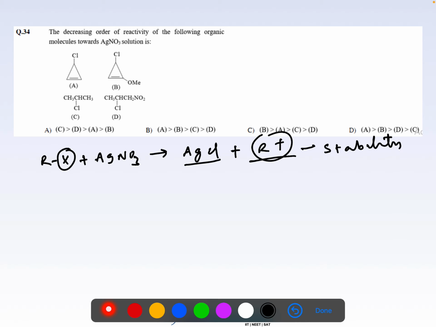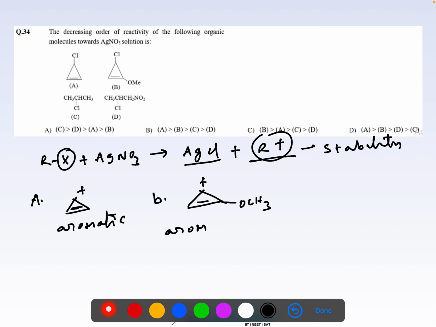Okay, so here there are different alkyl halides given, and the option A, it will be giving rise to carbocation. So this is an aromatic compound and it is a stable compound. In option B, you will be getting a carbocation. It is aromatic compound, as well as it has also additional stability due to this electron donating methoxy group.